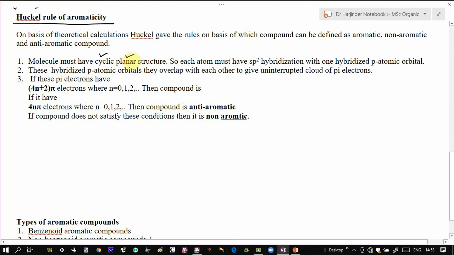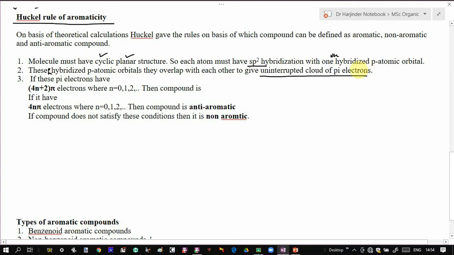Therefore, to acquire a planar structure, each atom must have sp2 hybridization with one unhybridized p atomic orbital. The second condition is these unhybridized p atomic orbitals must overlap with each other to give an uninterrupted cloud of pi electrons.